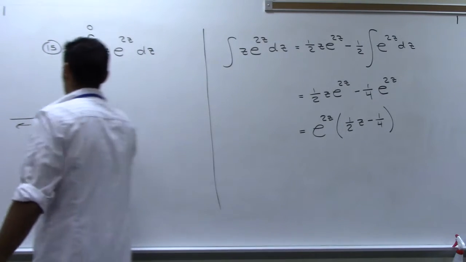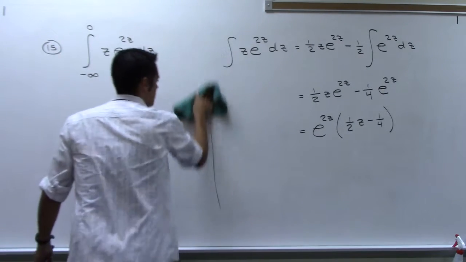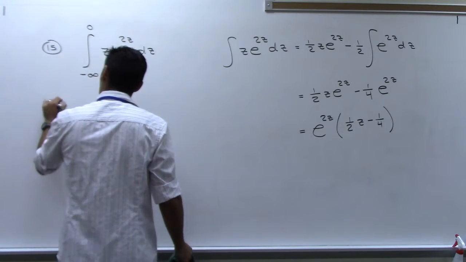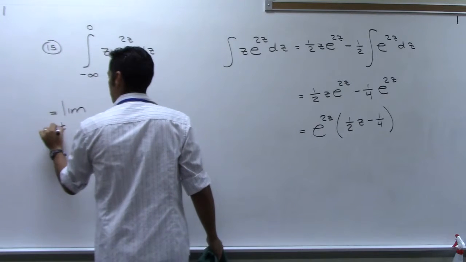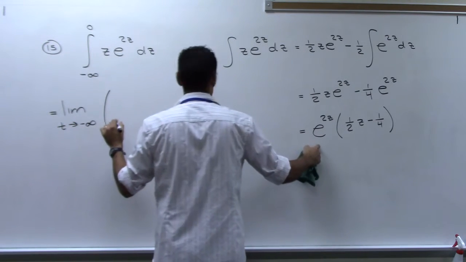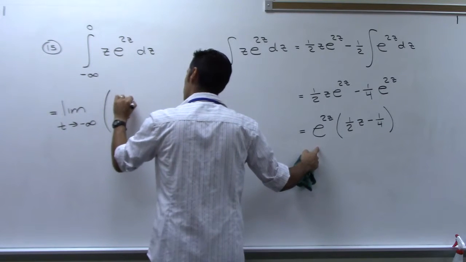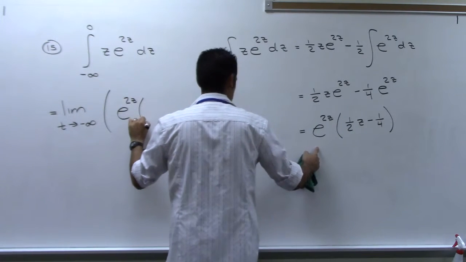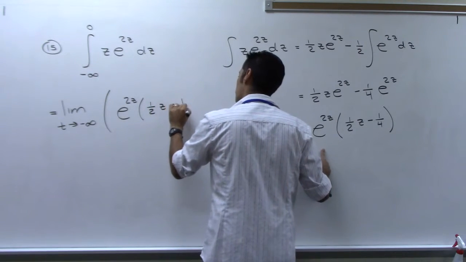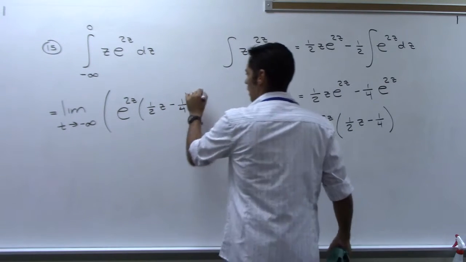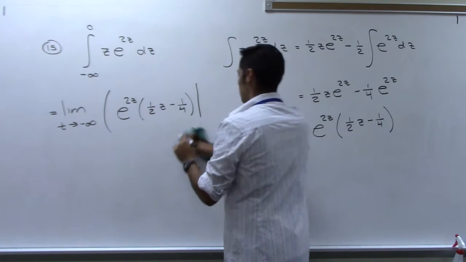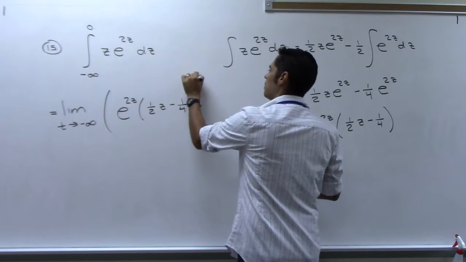All right, so back here. This will be equal to the limit as t approaches negative infinity of this antiderivative, e to the 2z times 1/2 z minus 1/4, evaluated from t up to 0.